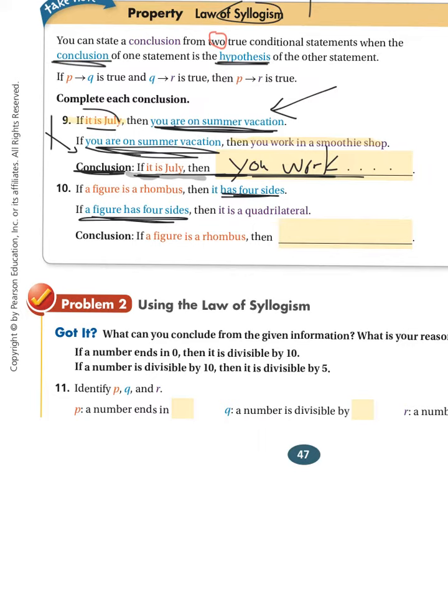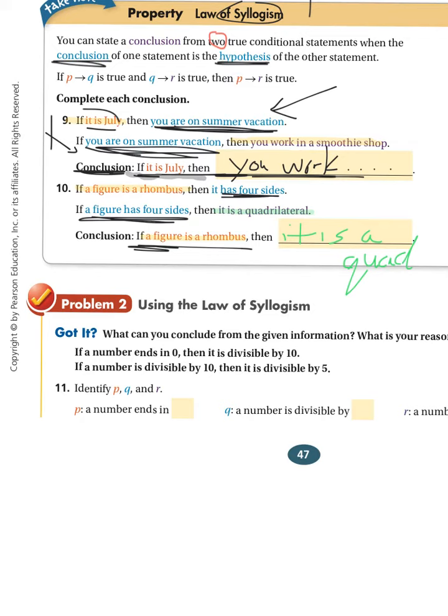My conclusion will be an if-then statement. If, and now I'm looking at the beginning of the first statement, if a figure is a rhombus, then I can link it to the very last part of the last one, the conclusion, then it is a quadrilateral.